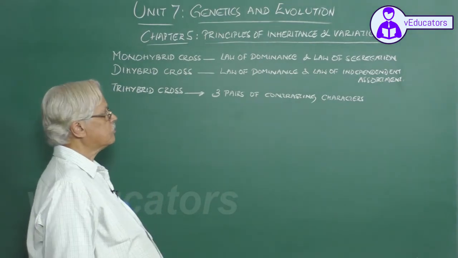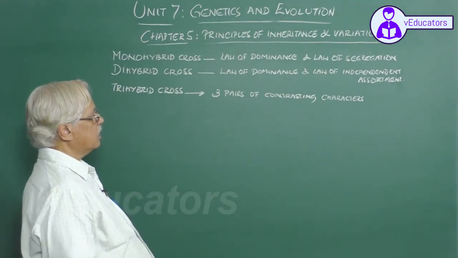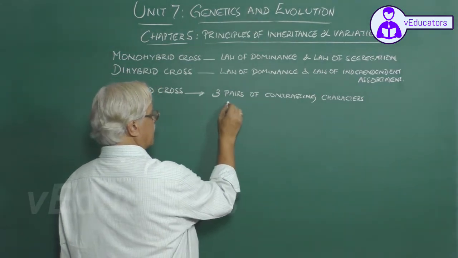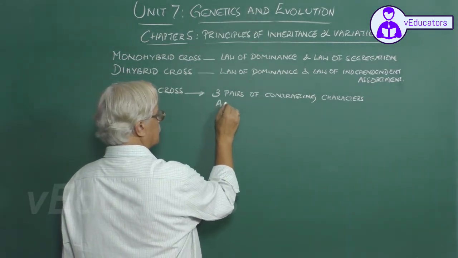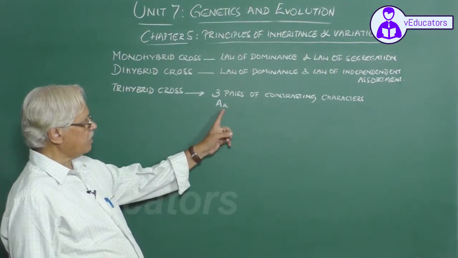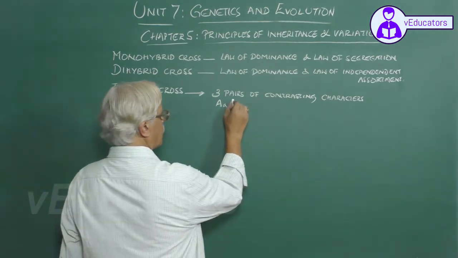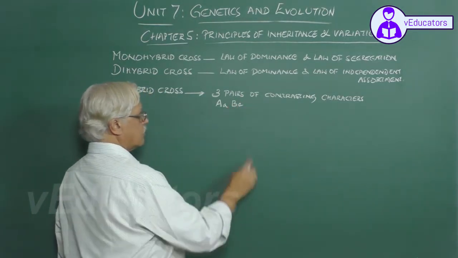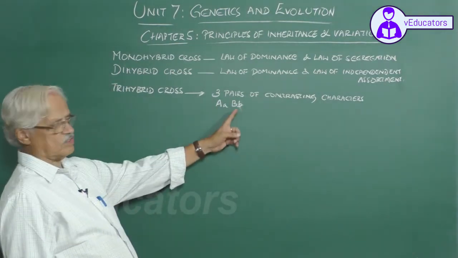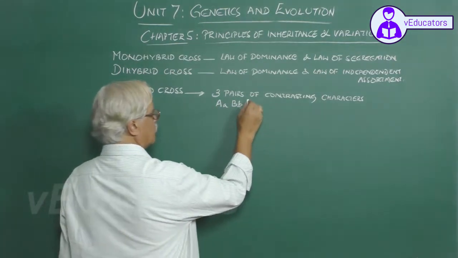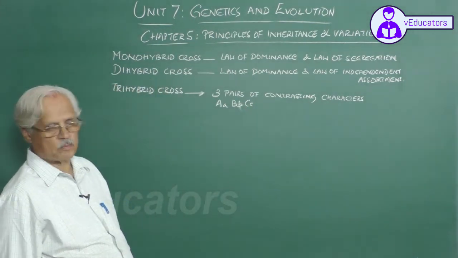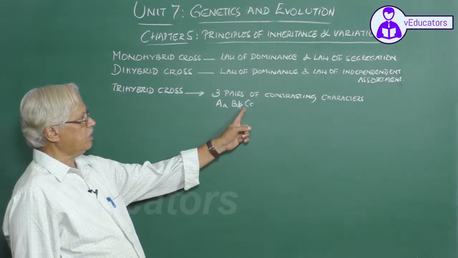Let us represent the factors or genes responsible for these three pairs of contrasting characters as capital A small a, dominant recessive, capital B small b, again dominant recessive, capital C small c, dominant recessive.